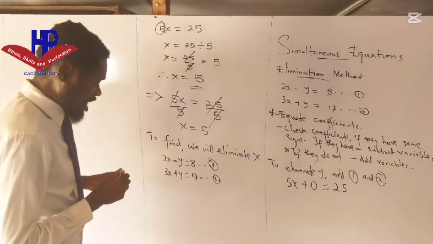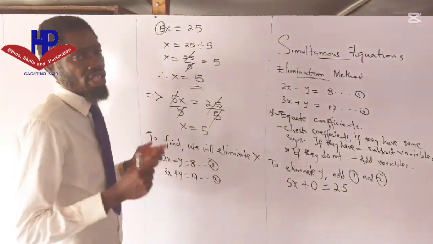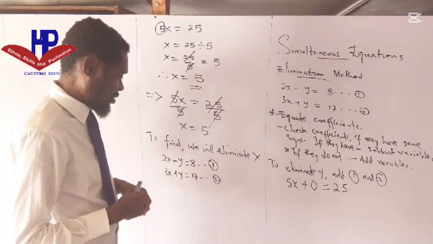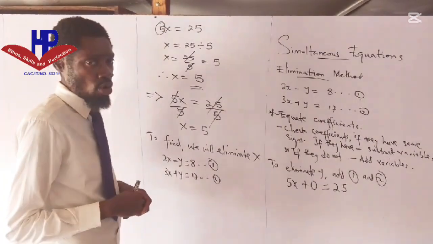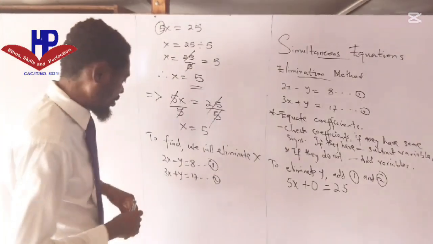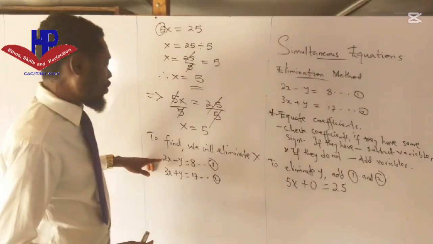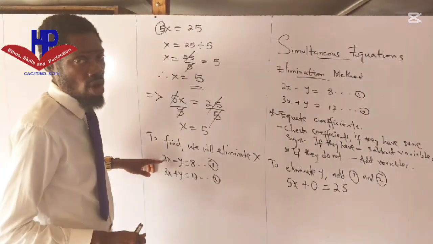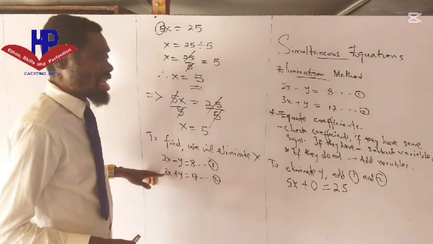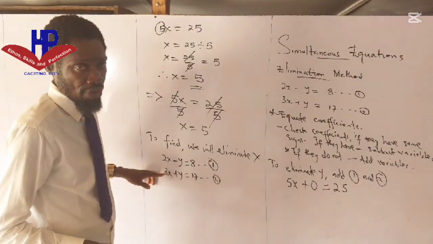Remember, to eliminate a particular variable, we must equate coefficients. The first equation has 2 as a coefficient. The second has 3 as a coefficient.